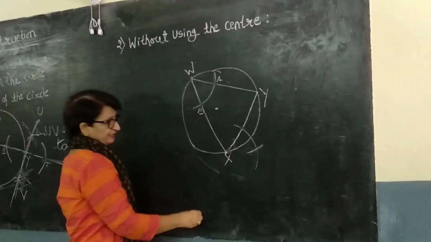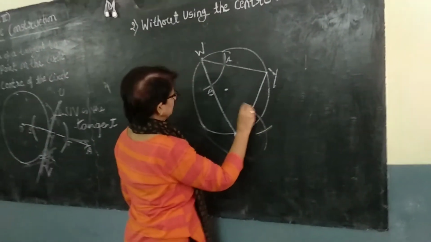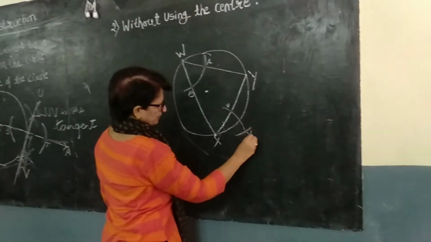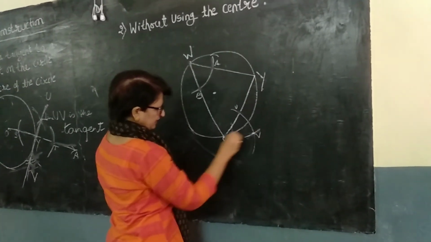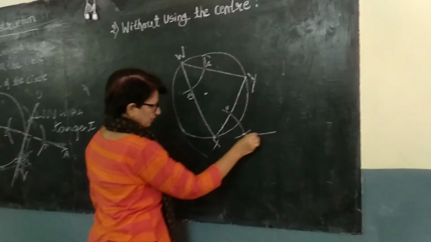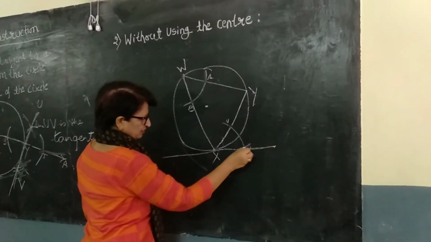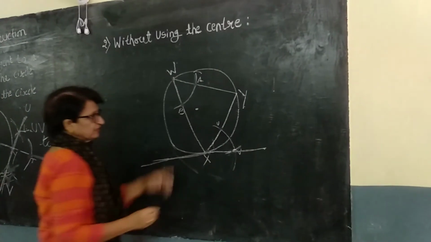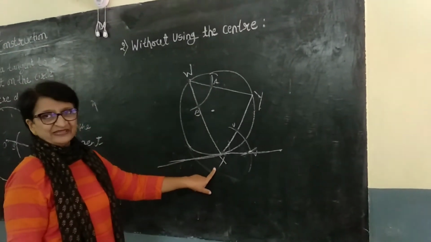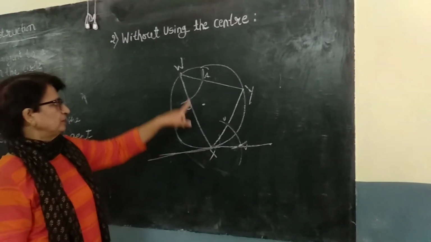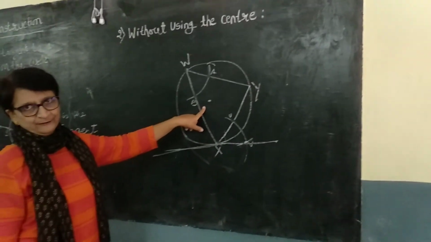Okay? Then mark it supposing UV. So join this point V and X and draw a tangent. So this will be your tangent to the circle from point X without taking the center.